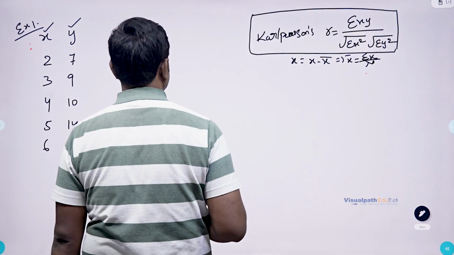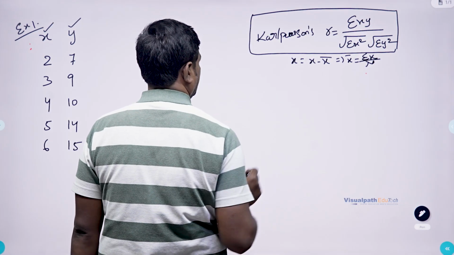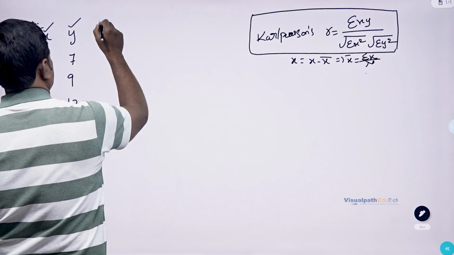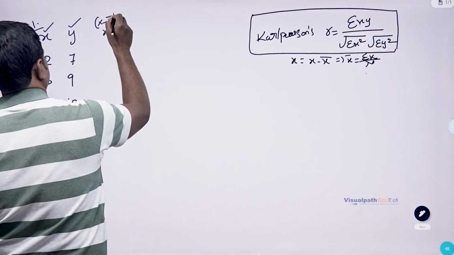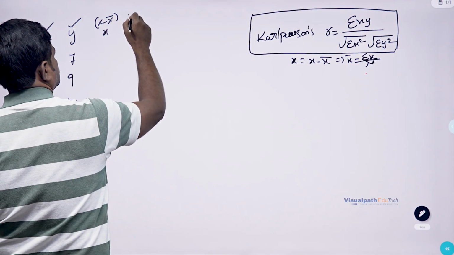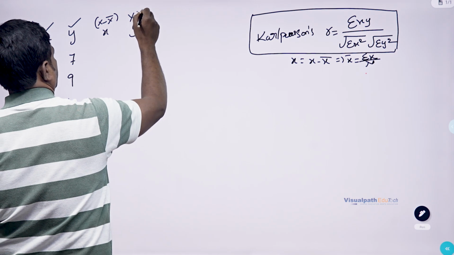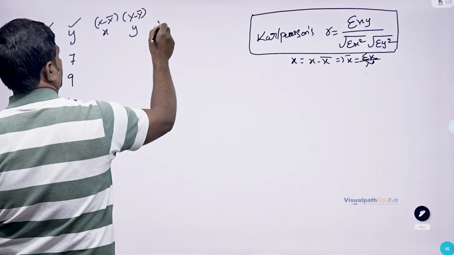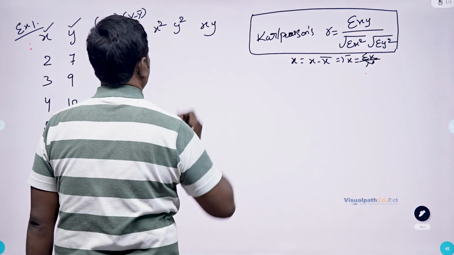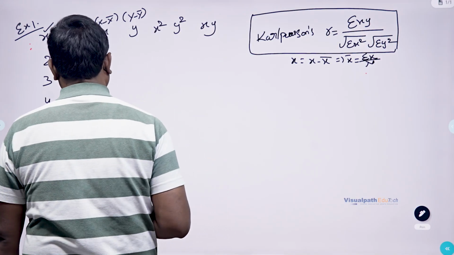So for this purpose, what are the things we have to identify? First, x equals X minus X bar, then y equals Y minus Y bar, then x square, y square and xy. These three columns we have to make.